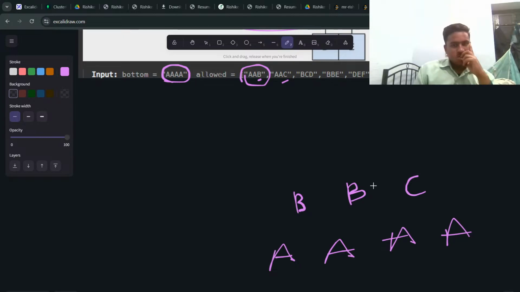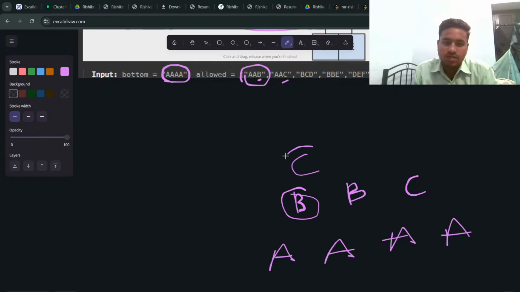This can be solved by backtracking, I thought, because we have two choices: we can replace with B, or we can replace with C. Both.